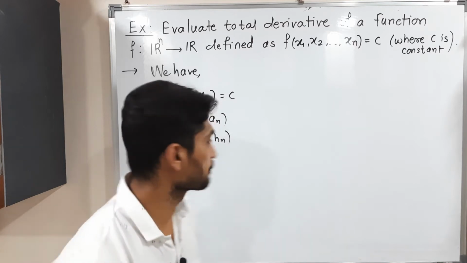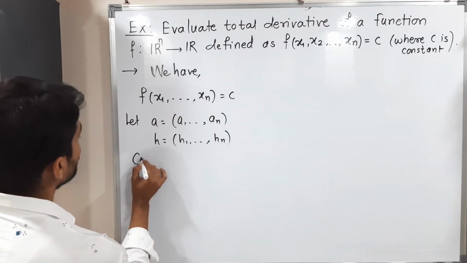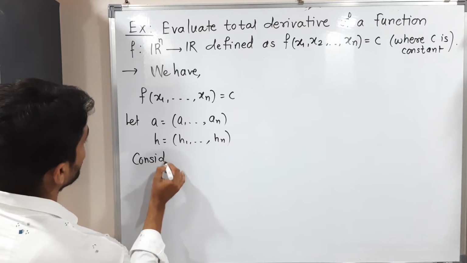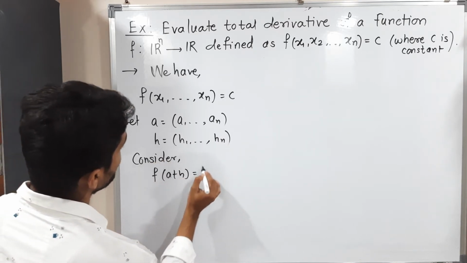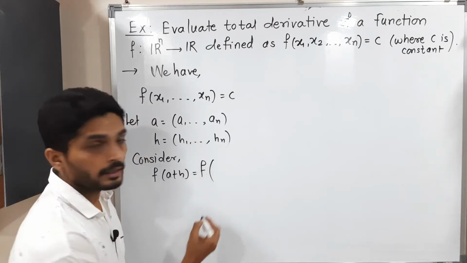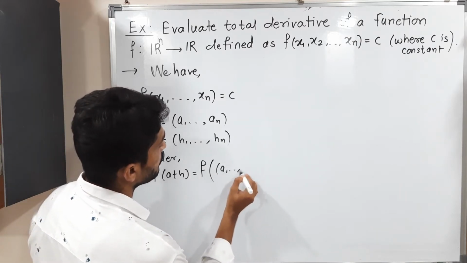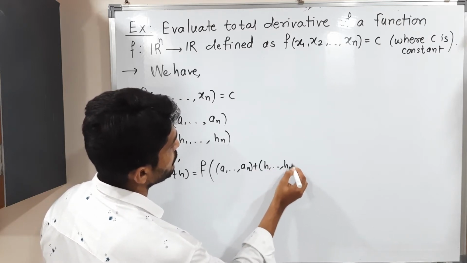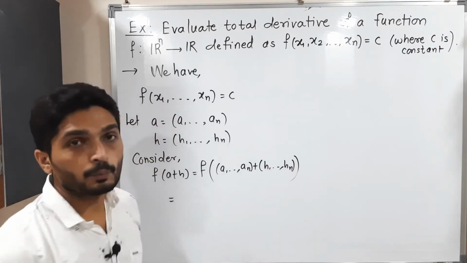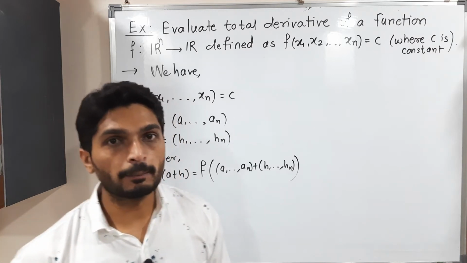Let us find them. Consider f of a plus h, which is equal to f of, you know that a means A1, A2 and so on An, and h means H1, H2 and so on Hn. You know well how to add them. We need to add component wise.